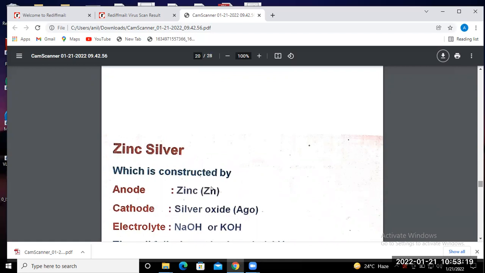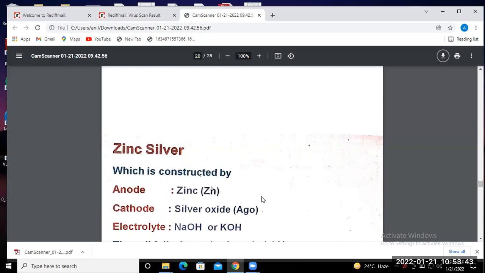Next is zinc silver. The zinc silver battery is constructed with the zinc anode terminal, but the cathode material changes: in place of bromide we use silver oxide.